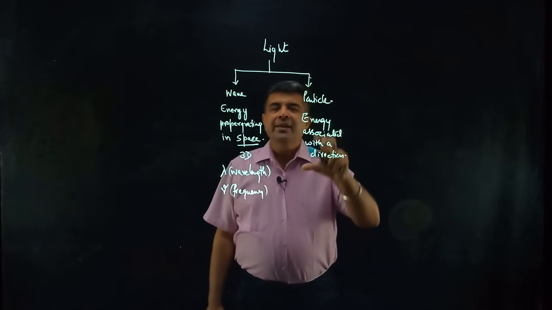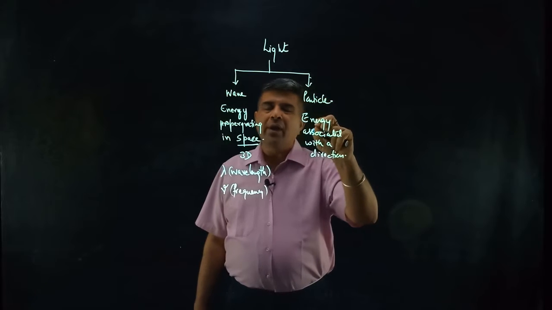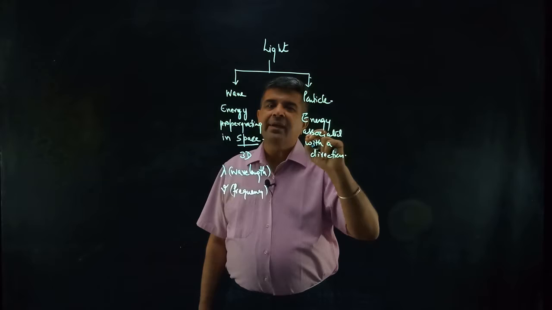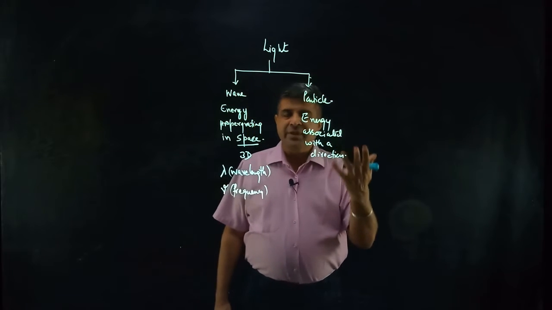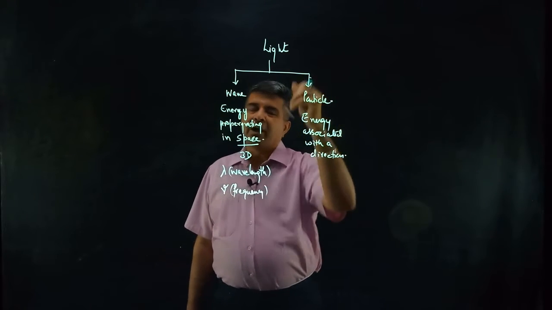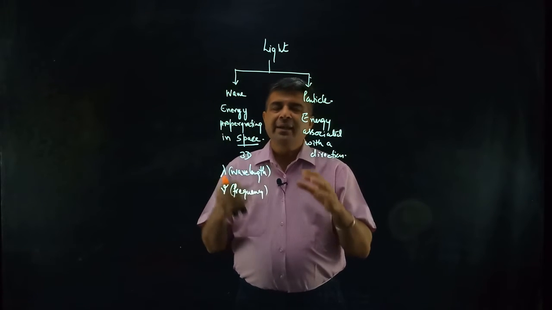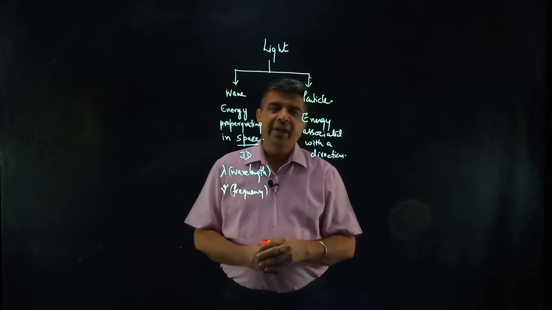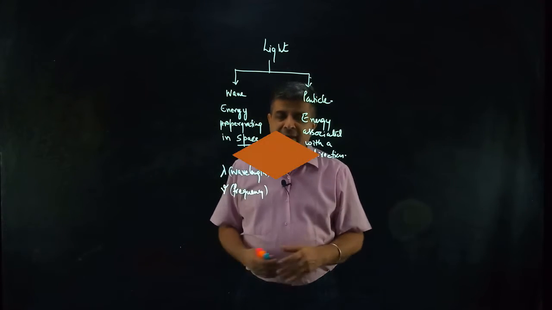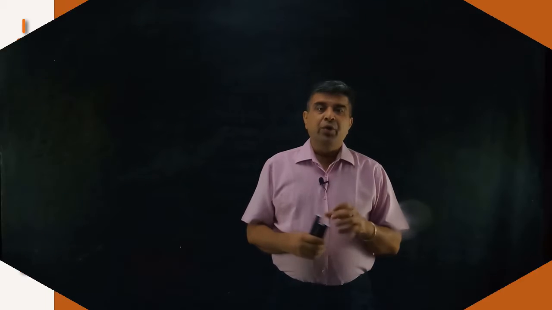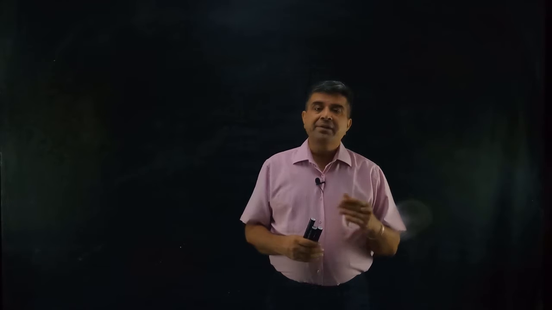So that is the energy associated with that ball at a particular given instant, which would be the particle characteristic of the substance. Similarly, when we consider light as a particle character, it is Planck's quantum theory that explains the particle characters. So on your screen, you can jot down the difference between a wave and a particle character.